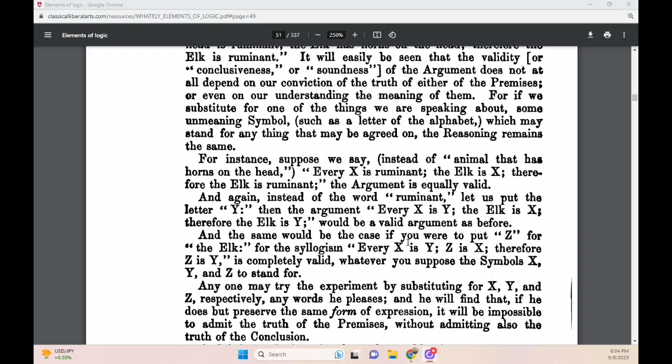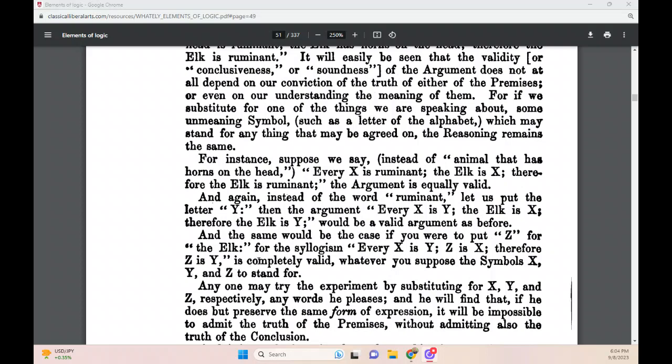The same would be the case if you were to put Z for the elk. So if we become even more symbolic, if you put Z for the elk, we would have the syllogism: every X is Y, Z is X, therefore Z is Y. If you use that illustration, that diagram, you'll see how clear that is.